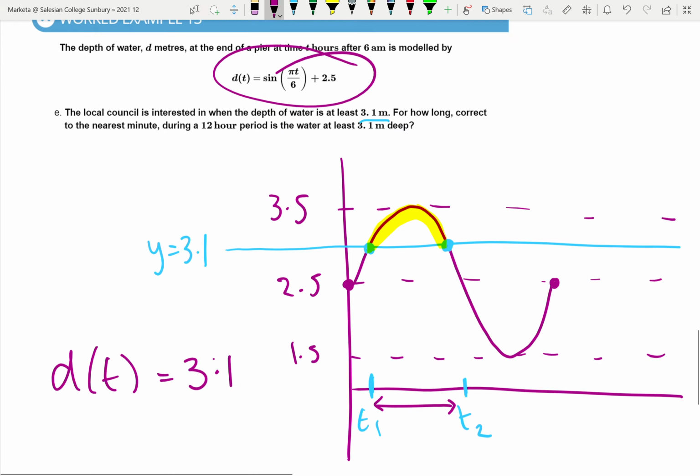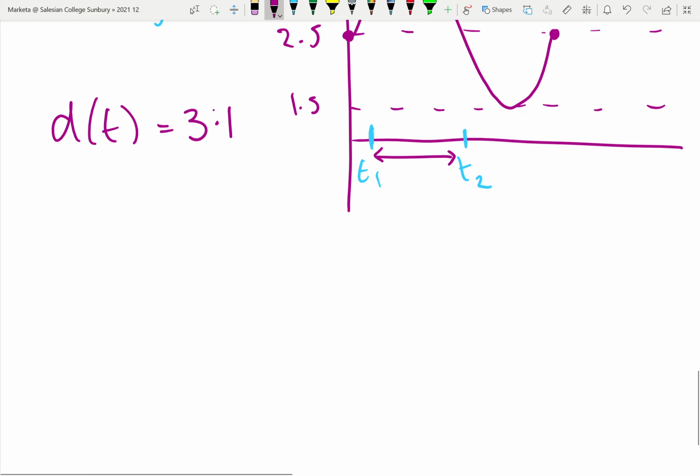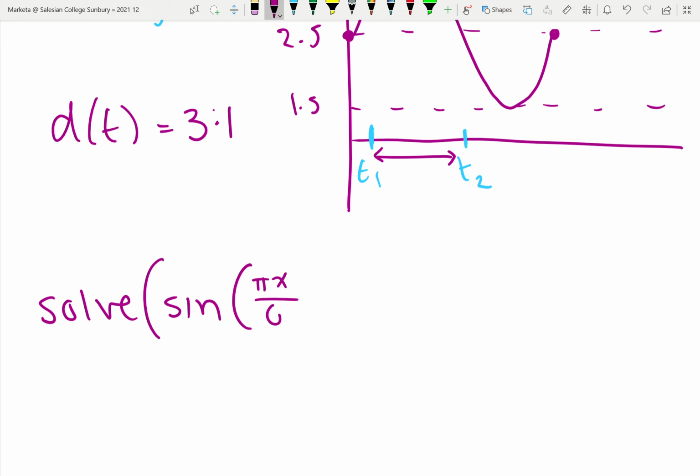So sine pi t on 6 plus 2.5, we're going to solve on CAS. Sine pi, and I'm going to use an x, equals 3.1. You can use t if you want, but just make sure you get it from VAR, not ABC. And then, well, we need to put a restriction. If you don't put a restriction, you're going to get a general solution. So to do your restriction, you put that stick, and the stick comes from Math 3.